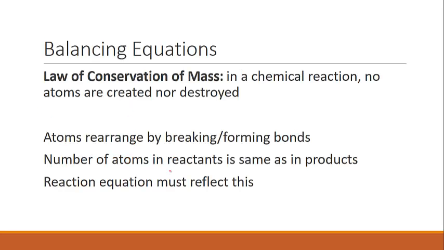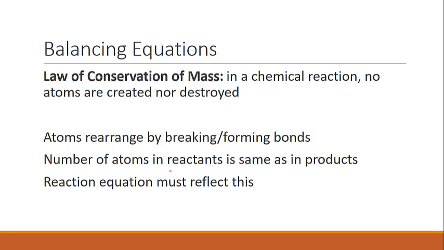When we are writing our chemical equations, we need to keep in mind a very important law of nature, and that is called the law of conservation of mass. What this says is that in a chemical reaction, you never have atoms created nor destroyed. So if I have a chemical equation written, I have to have all of the atoms accounted for on both sides.